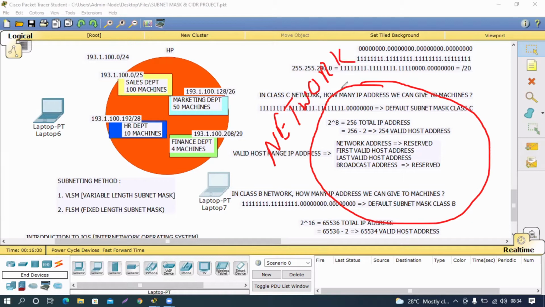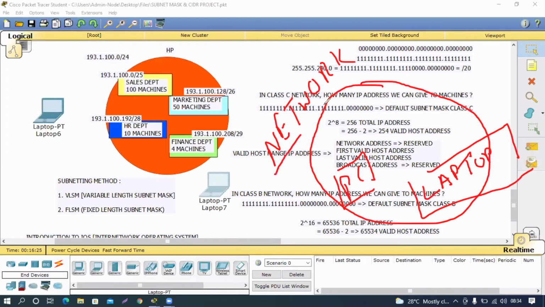If this is your local LAN, then all these machines, like your PCs, your laptops, they belong to the network, right? All these machines are part of this network, right? Yes, sir. So this network address is the identity of every single one of these machines, right? Yes, sir. All these machines belong to this network.